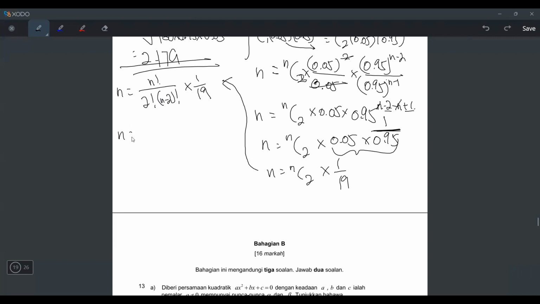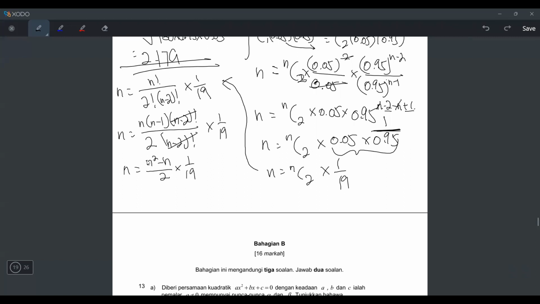We all know n factorial is actually n times n minus 1 times n minus 2 factorial. And then 2 factorial is 2, right? And then this will be n minus 2 factorial times 1 over 19. And then cut. So you will be left with n equals n square minus n over 2 times 1 over 19.